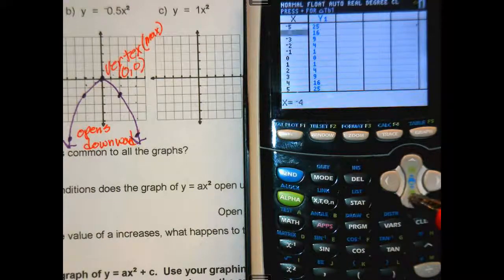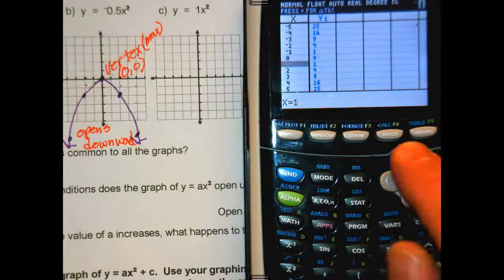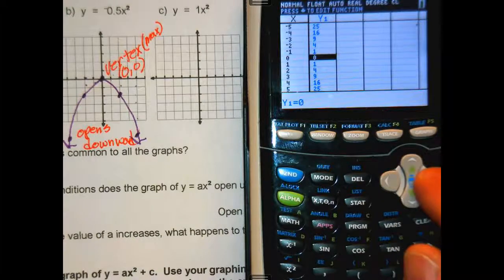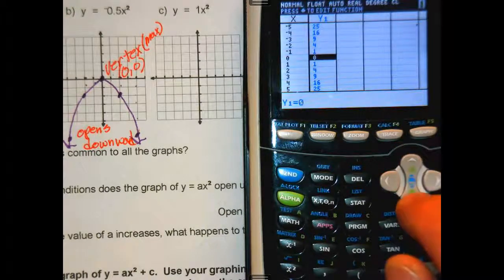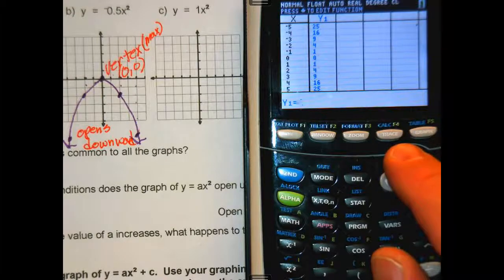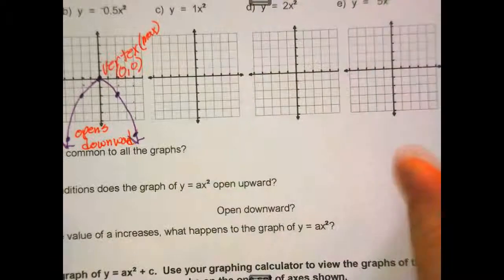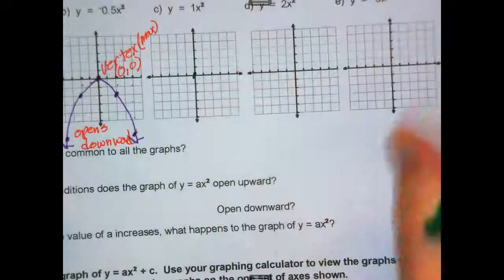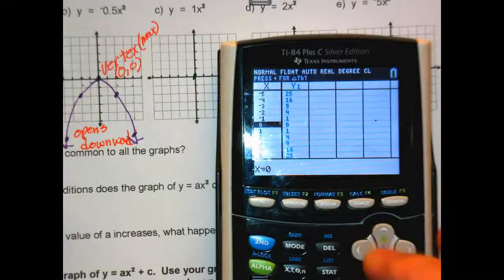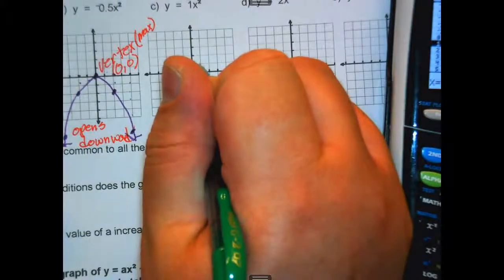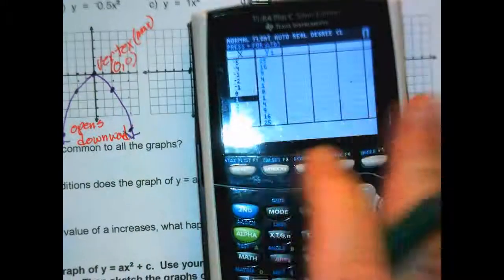Again, here's my vertex, and I know that's the vertex because my y's start being the same afterwards. So 0, 0 is my vertex. Okay, I'm going to have 1, 1, 2, 4.